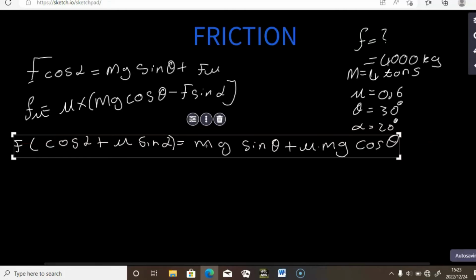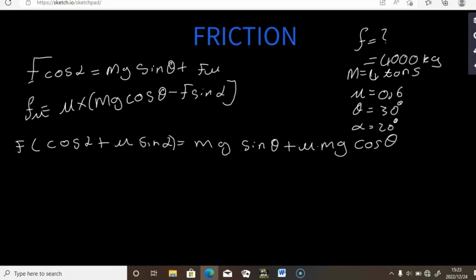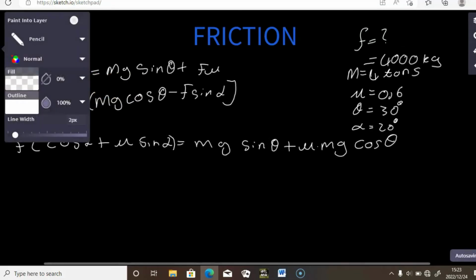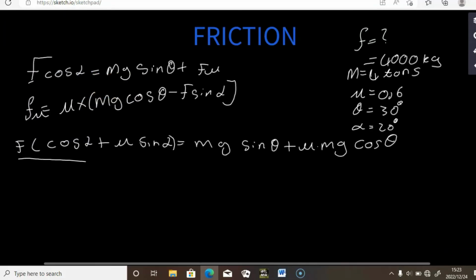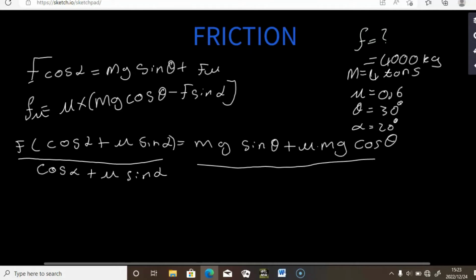We are going to divide both sides by cos alpha plus mu sine alpha, both sides.